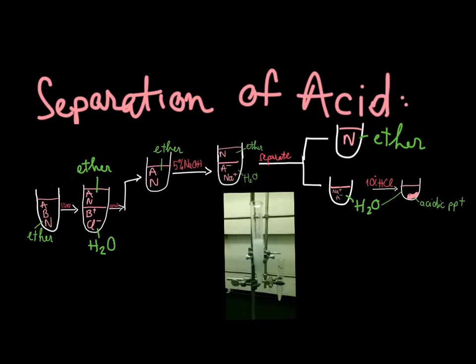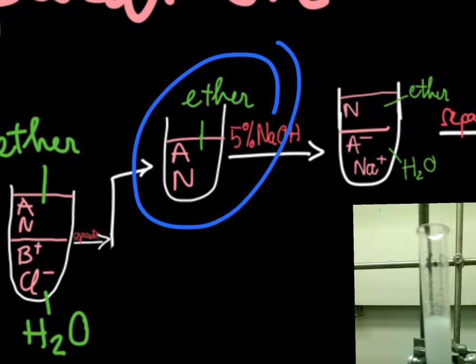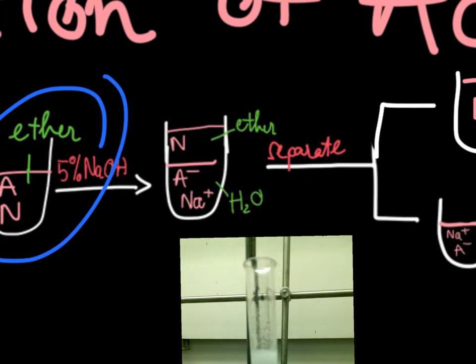So now for the new ether layer that contains acid and neutral, I did pretty much the same thing as I did with the ether layer at the beginning. But instead of adding hydrogen chloride, I added sodium hydroxide in order to neutralize the acid.